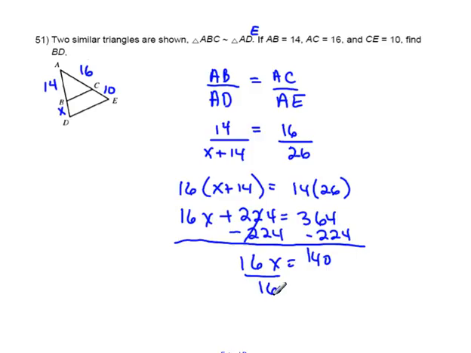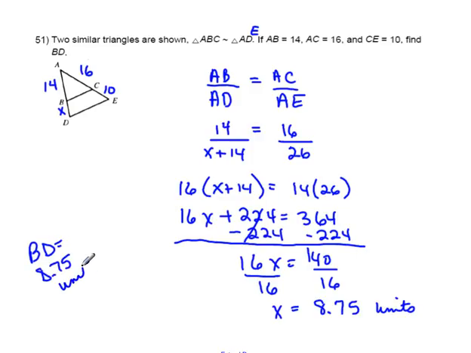Divide by 16. It doesn't divide evenly, and since we're dealing with measurements, don't put it in fraction form. Just go ahead and leave it in decimal form. So this would be 8.75. Since they didn't give us a unit of measure, put units. And make sure you go back and answer the question. BD is x, so BD is equal to 8.75 units.